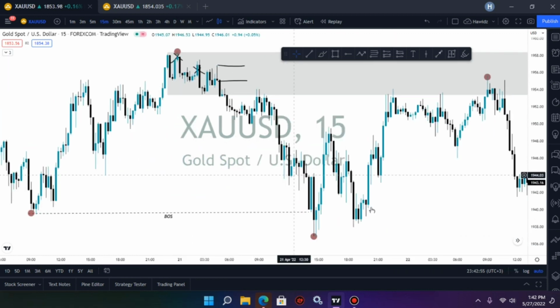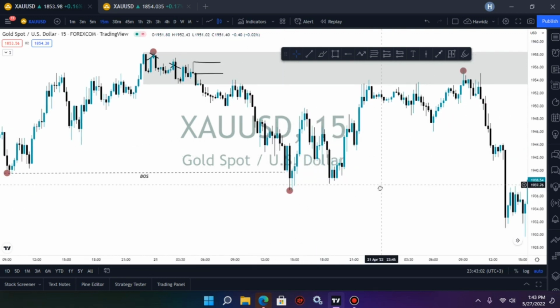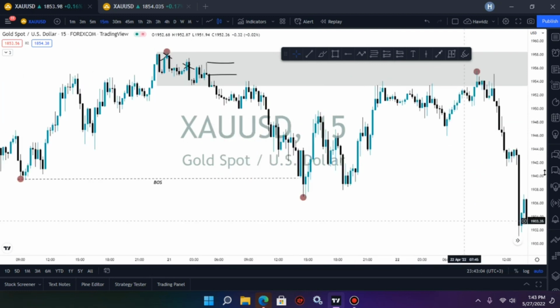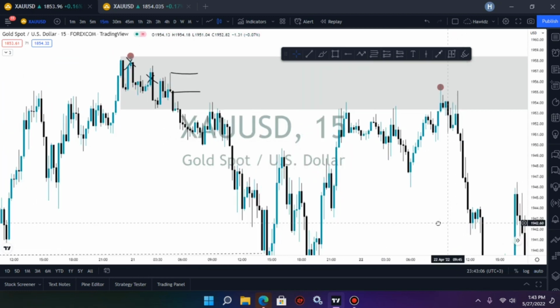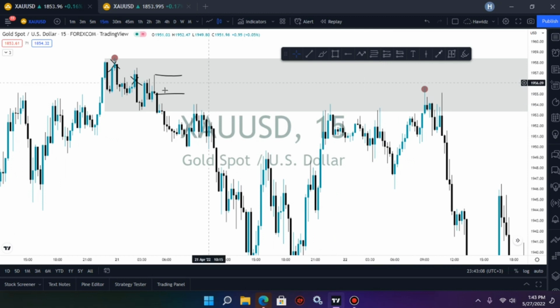So price comes back down, breaks structure, comes back up, and what does it do? I mean, just look at this. Price comes up and does what? It tests the most valid zone.